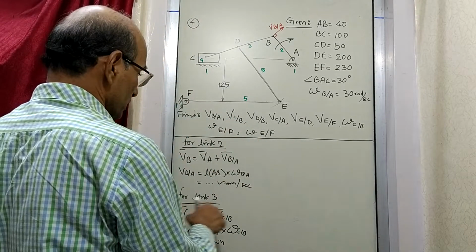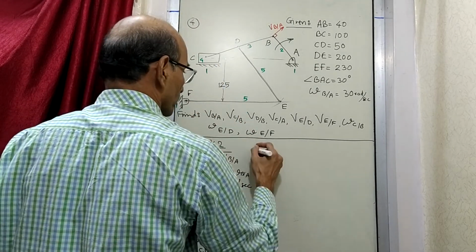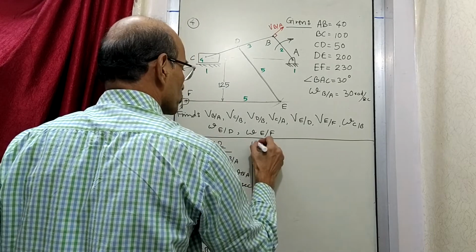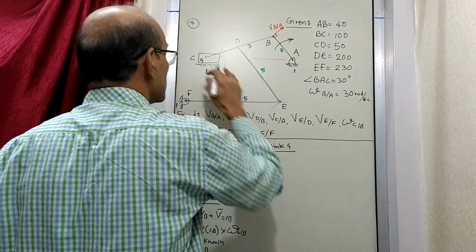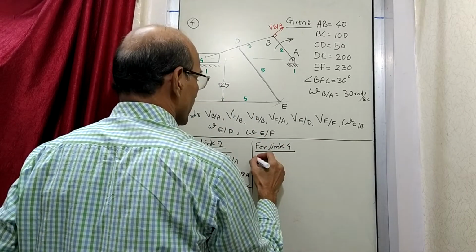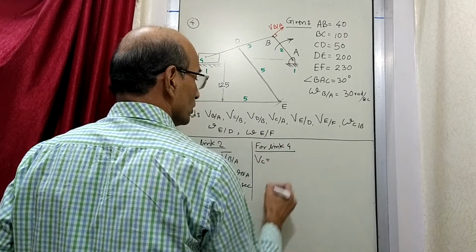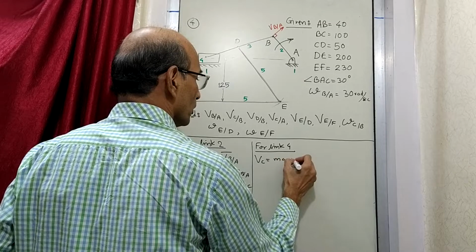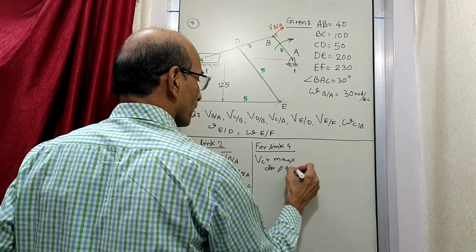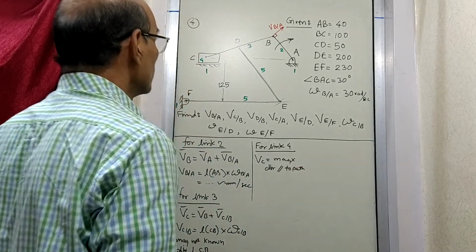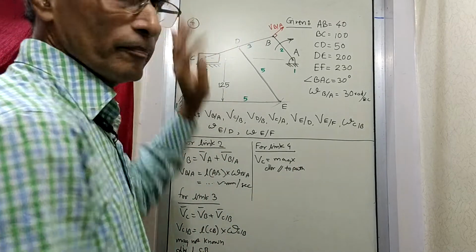Now after this link 3, let's go to link 4, which is slider. We can only say that velocity of C, we don't know magnitude, but the direction is parallel to path. That is horizontal, like this.